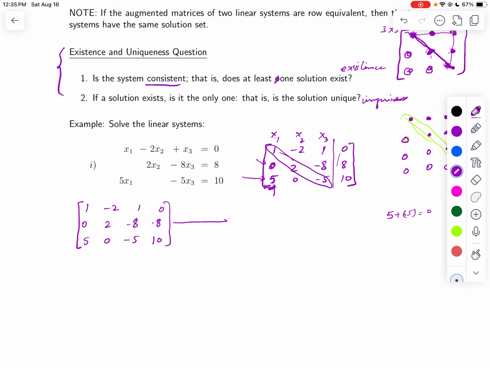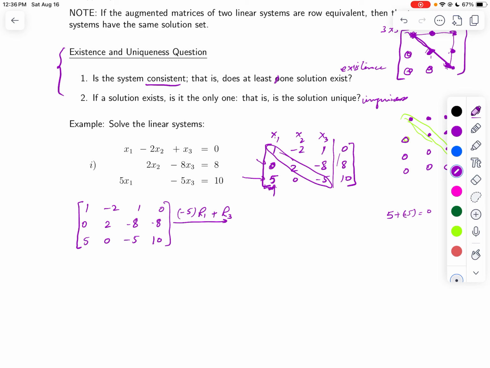I'll make a long arrow here and write on top of it what I'm going to do: negative 5 R1 plus R3. I'm going to multiply the first row by negative 5 and add it into R3.